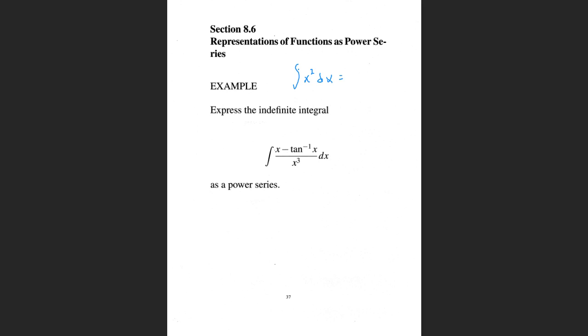You would just say, okay, that's x cubed over 3 plus a constant, because you know the antiderivative of x squared is x cubed over 3. But here we have the integral of x minus the arctangent of x all divided by x cubed. Do we know the antiderivative of that? Is that easy to do?